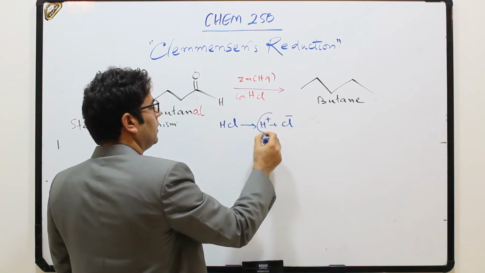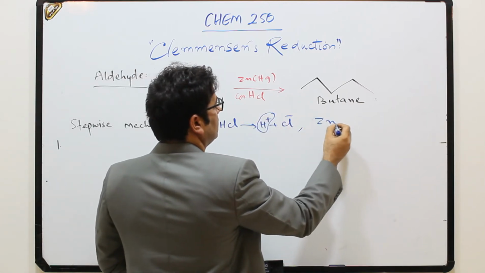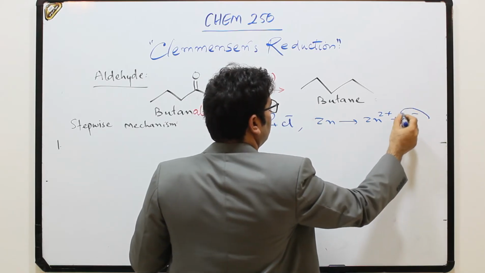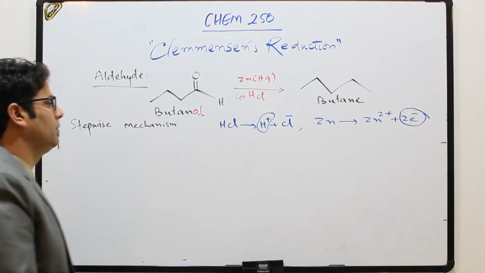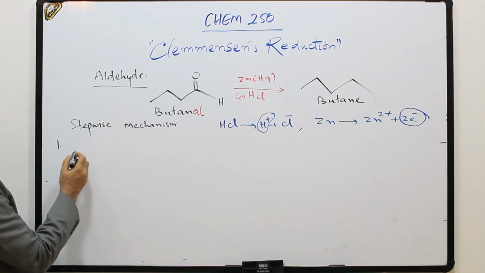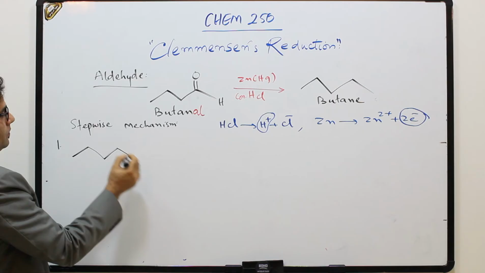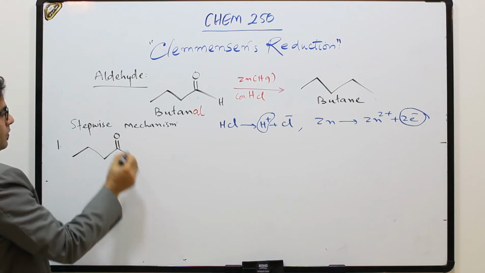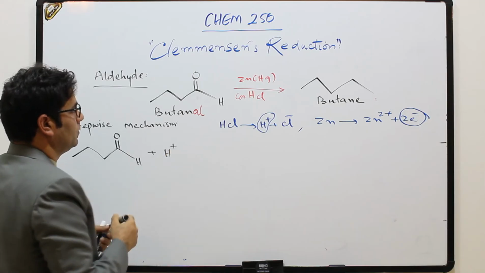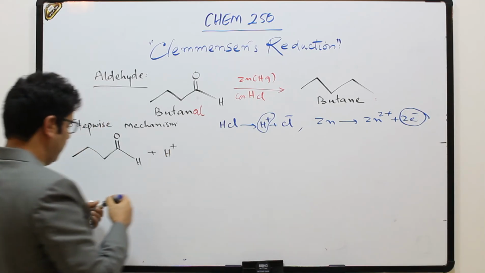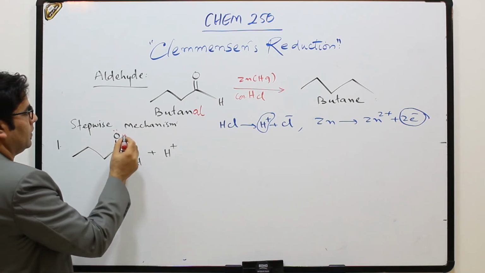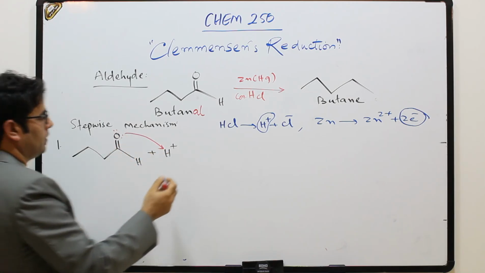We have to use this hydrogen. And zinc will give zinc 2 positive plus 2 electrons. We have to use 2 electrons. Oxidation of zinc. In step number 1, take this butanal and react it with H positive under acidic condition. So you know what is going to happen? It will attack on hydrogen.